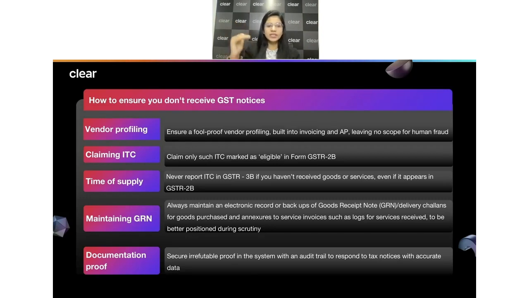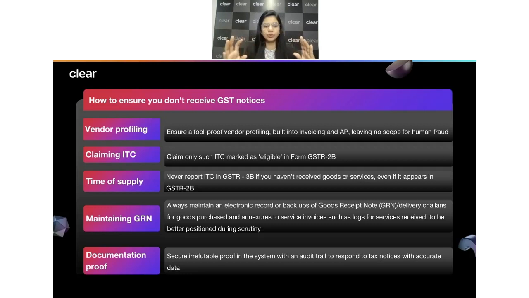2B has other information too, like import of goods and registered RCM supplies. The government says, in 2B I will take all the supplies you have received from registered suppliers, because that breakup is available.